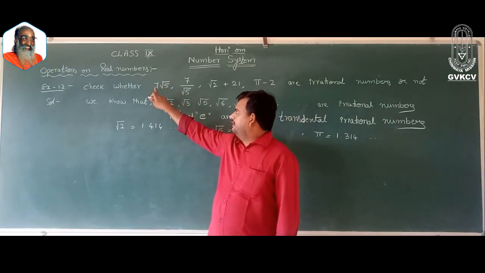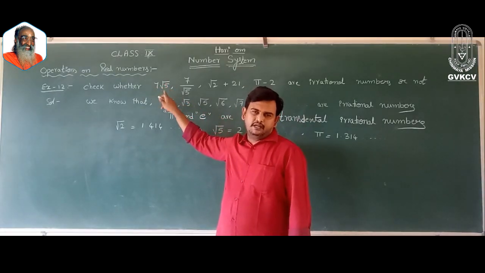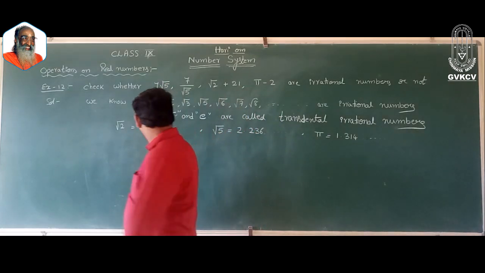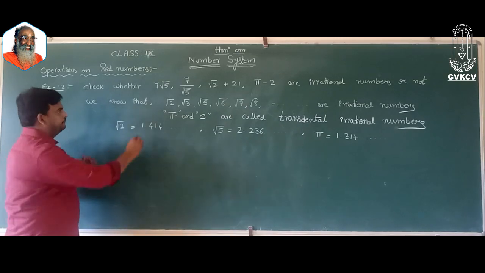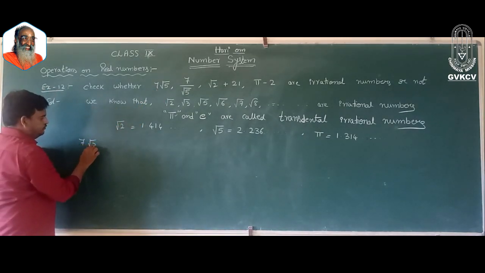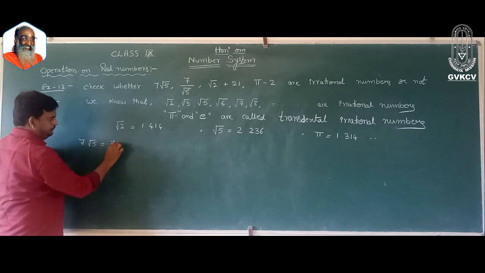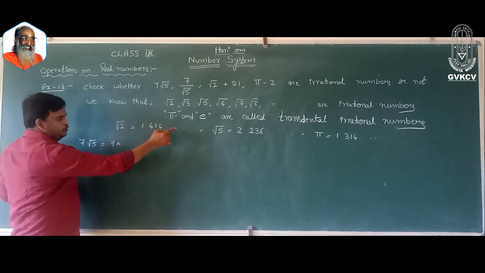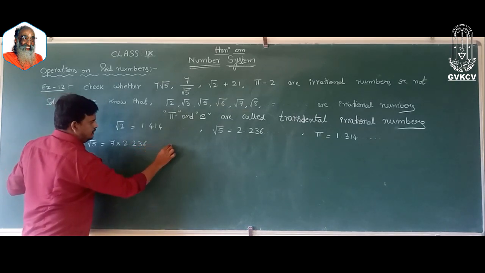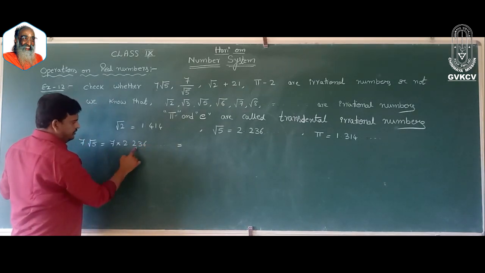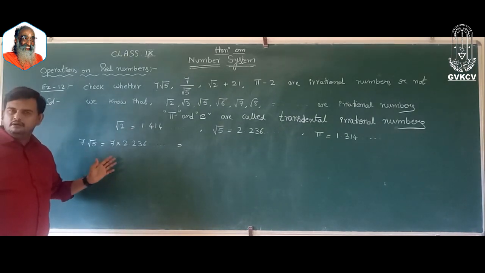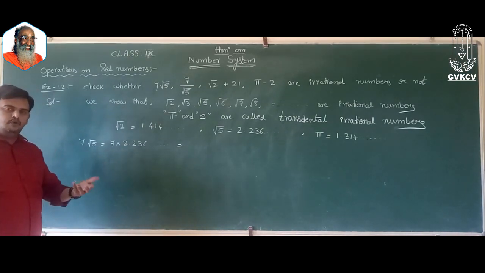So, when we multiply rational and irrational, what are we going to have? Simply look at here. 7 into root 5 is equal to 7 into 2.236 and so on. When we multiply this value, what do we have?